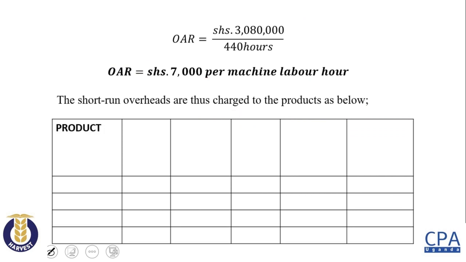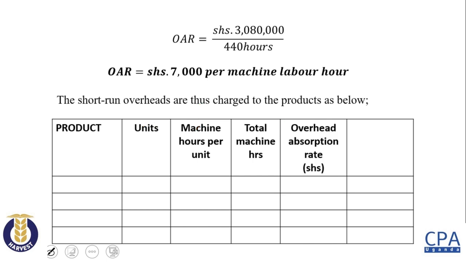So we shall need a column that will capture the product. We shall need another column for the units. Another column will show the machine hours per unit. Then we shall have the total machine hours after multiplying the number of units times the machine hours per unit. We shall include it in that column there.